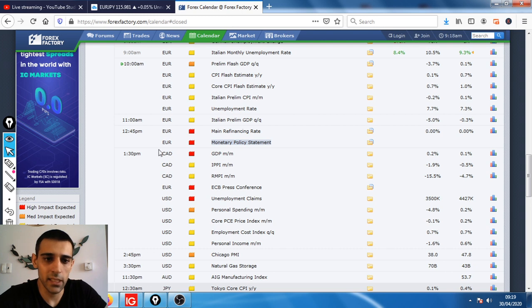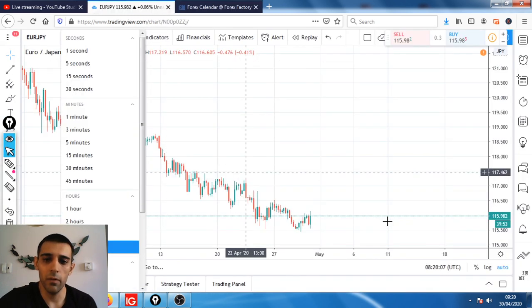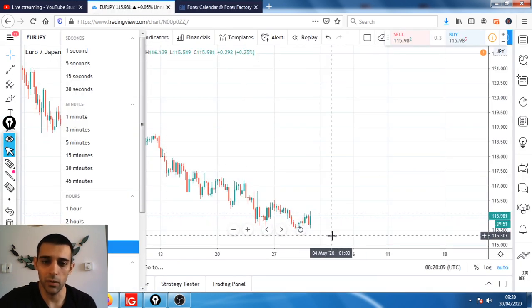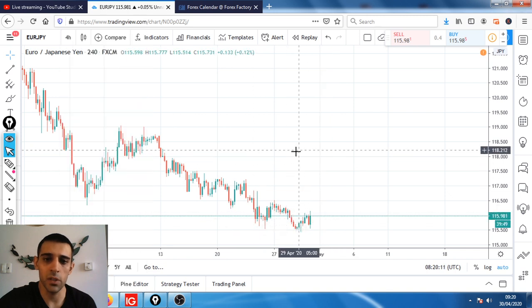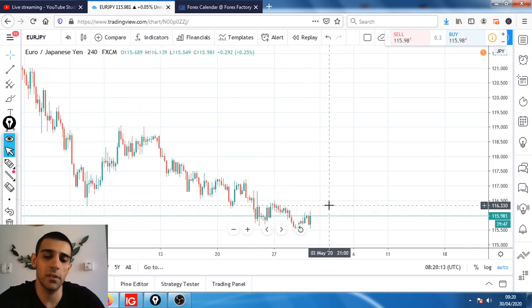However, it is far away. So ECB comes out at 1:30 p.m. So it is about 4 or 5 hours away. So I'm sure it's going to be a trade on the euro side. However, for this one to probably go down and work out, it will be after the news.